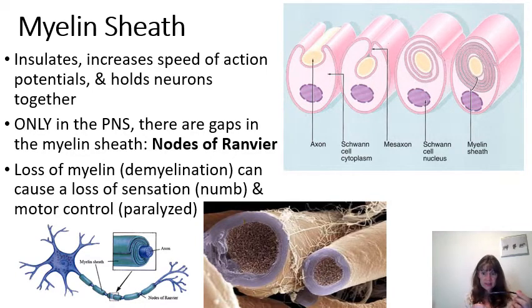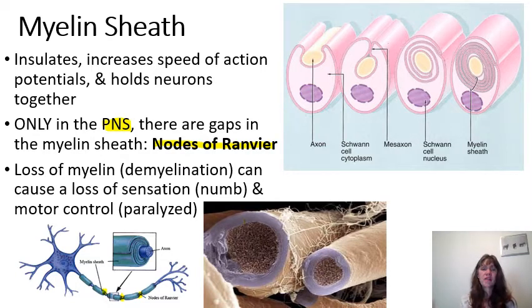Again, think of insulating an electric wire. It allows electricity to flow more easily. In the myelin sheath created by the oligodendrocytes, there are no little gaps between the myelin. That only occurs in the peripheral nervous system. So only in the peripheral nervous system do we find nodes of Ranvier.